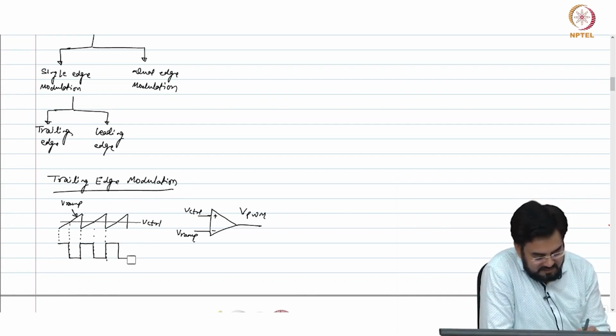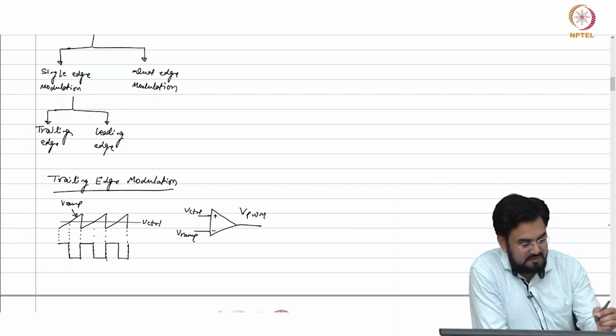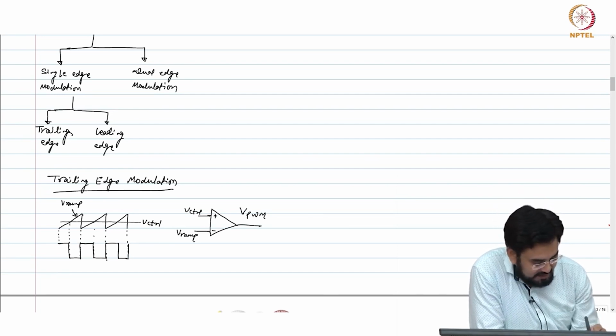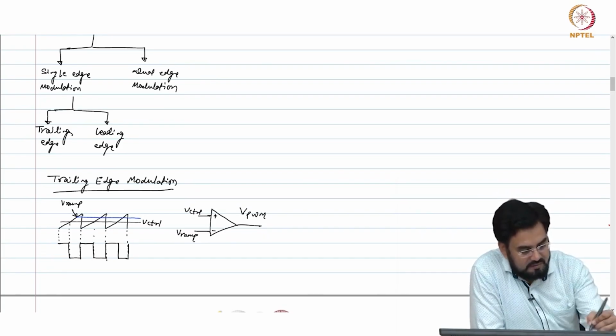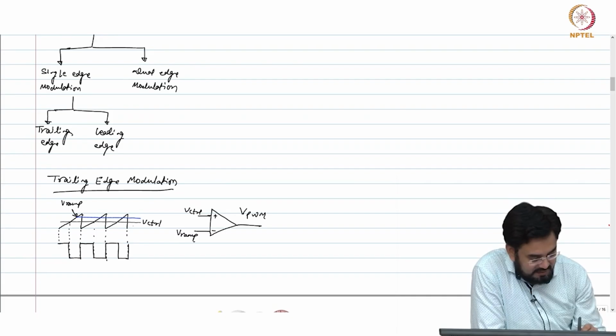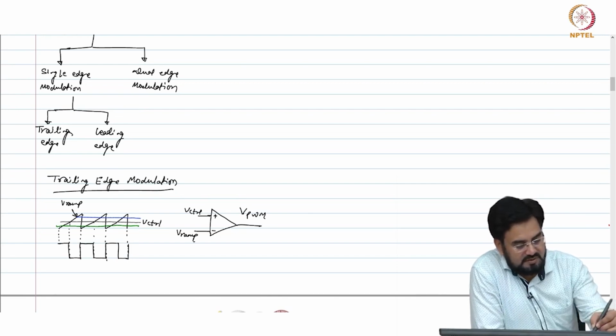Now let us say we change the control voltage and I make it high. So what would happen to the PWM?